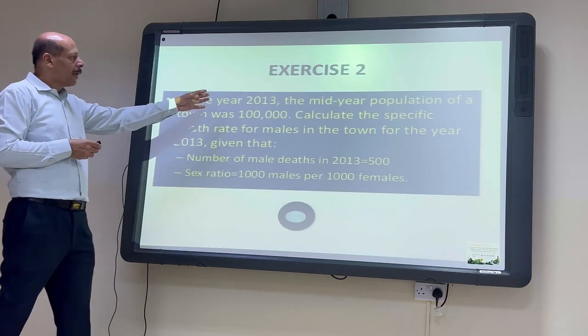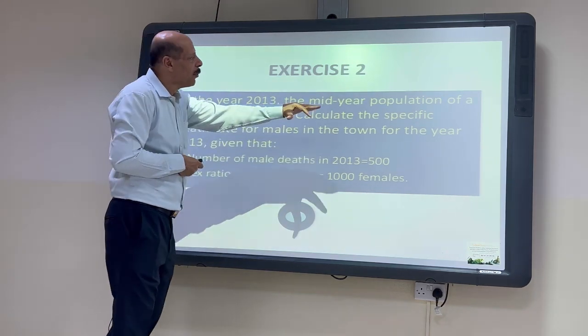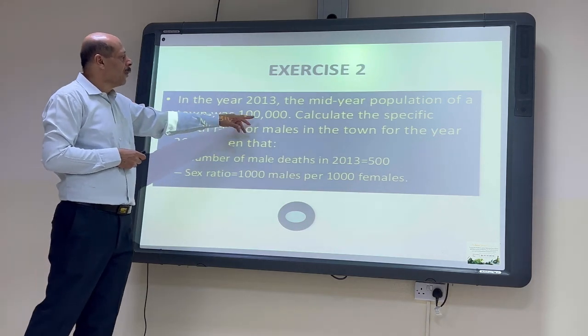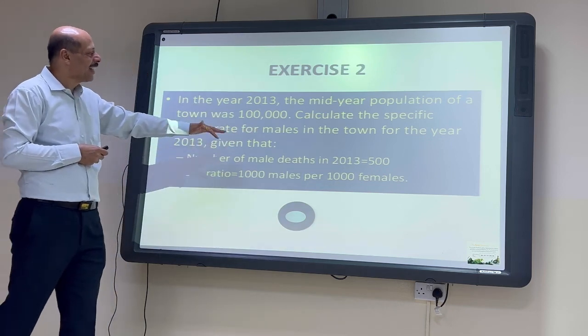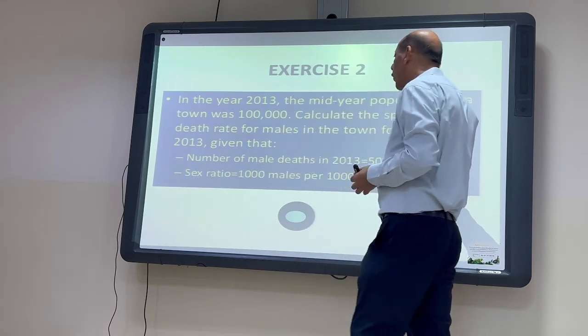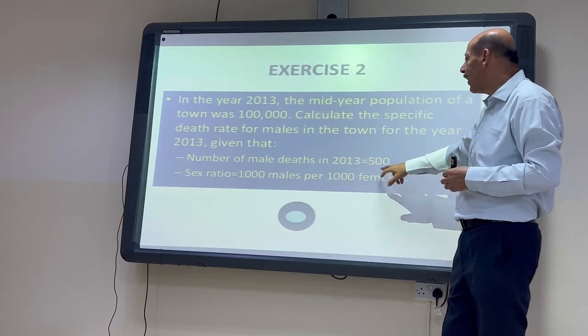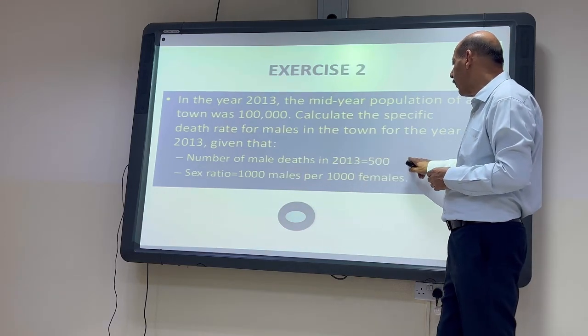So, like this example, in the year 2013, the mid-year population of a town was 100,000. Calculate the specific death rate for male in the town for the year 2013, given that the number of male deaths in 2013 is 500.